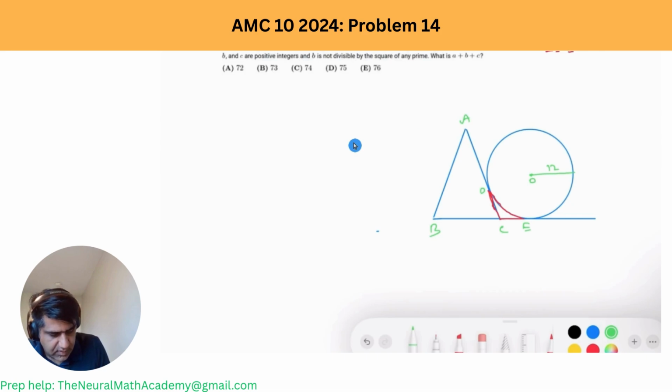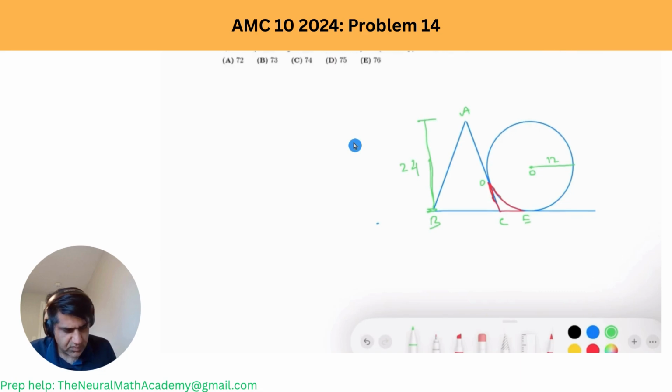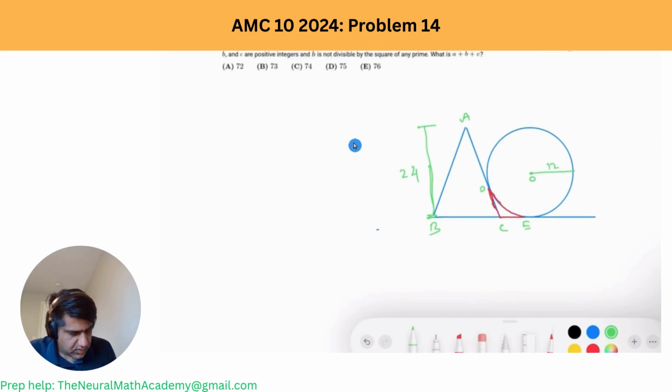And the height that I get from here to here is given as 24. So to find the area of the sector, what I can do is simply create a trapezoid. Okay, so the trapezoid I'm going to represent with the black lines.